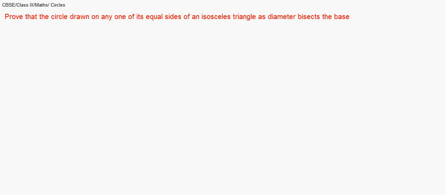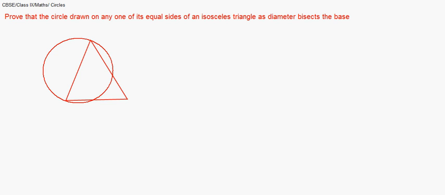We draw a circle for this question first. Look at the circle, it will be like this. I'm drawing the isosceles triangle here, I hope it now looks like one.